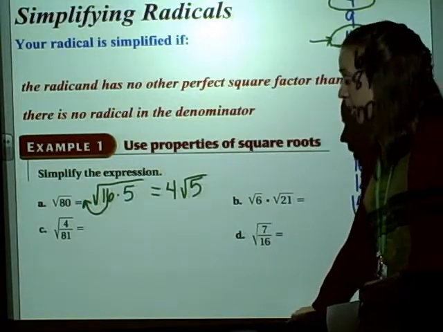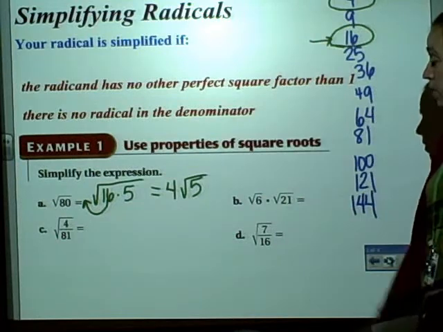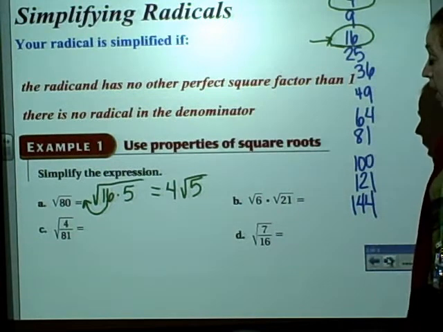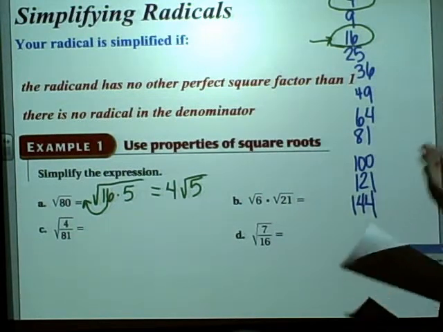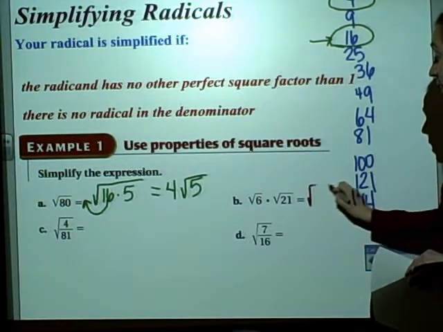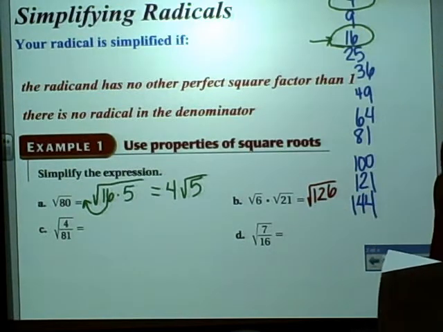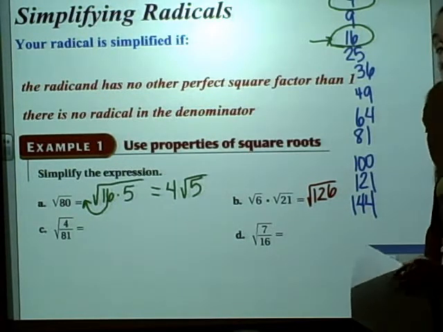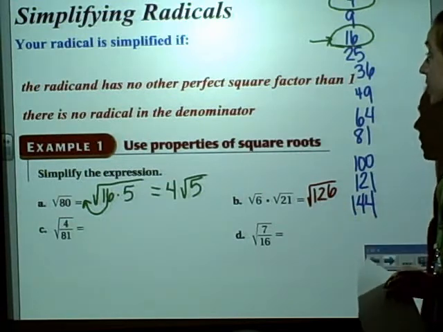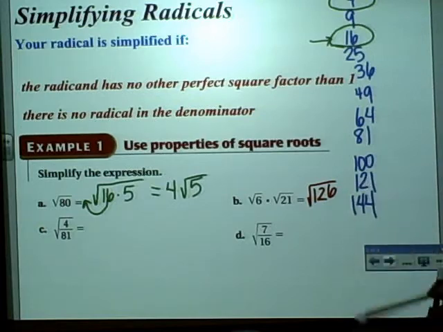B here, we have an example of our product property. We have two radicals that we want to multiply. They're both in radicals, so I can just multiply the numbers. I'm going to do 21 times 6. I say that's going to give me radical 126. Now that's a pretty big radical. So what I'm going to do is take 126 and divide it by each of my perfect squares and see what is the biggest one it'll go into.